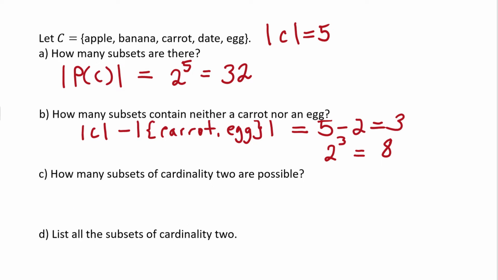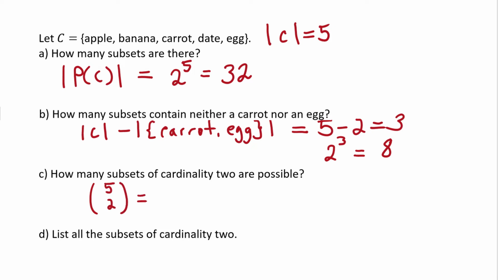Part C. How many subsets of cardinality 2 are possible? The problem here is asking, in how many ways can 2 be chosen from a set of 5? So the problem is actually 5 choose 2.